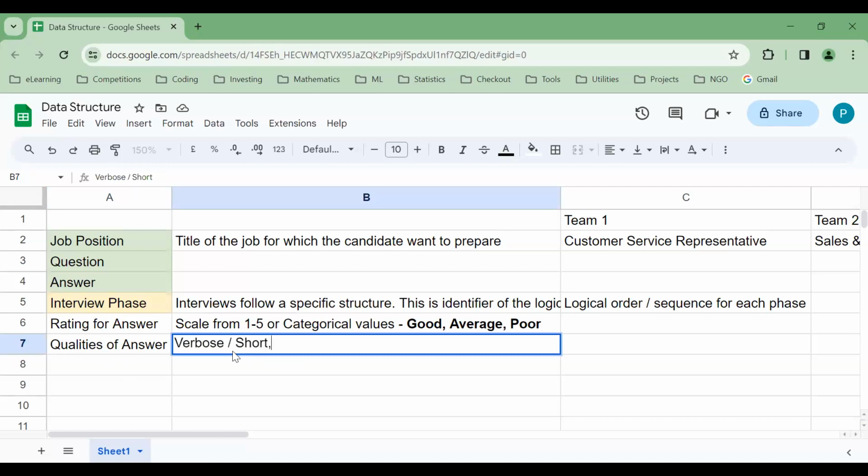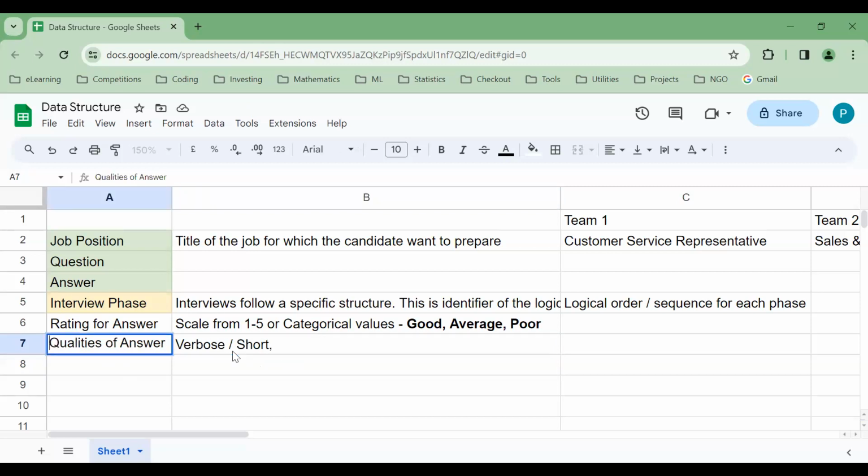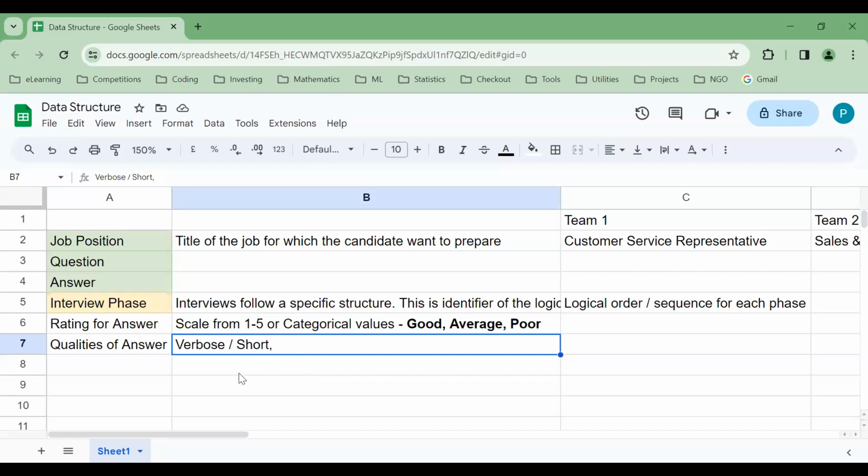I don't know if you're all familiar with STAR, where you're giving a story: the situation, what the action was, and the result. So I think being able to fit the model with the structure of how an answer can be could ideally be a way of evaluating the quality of an answer given by a candidate.